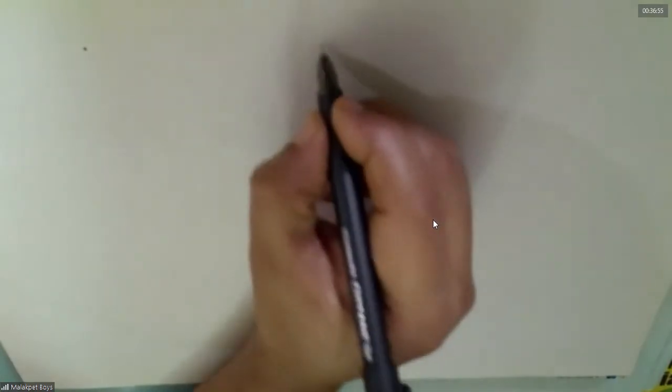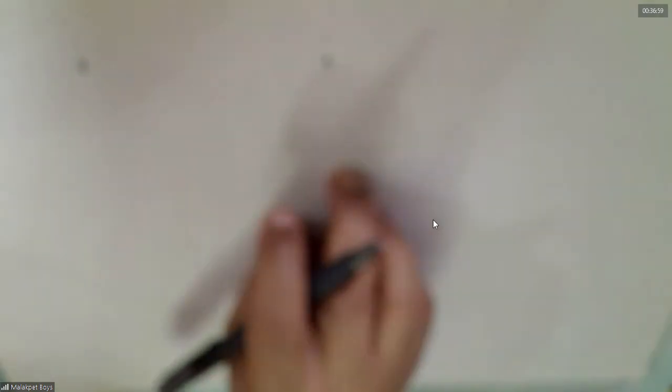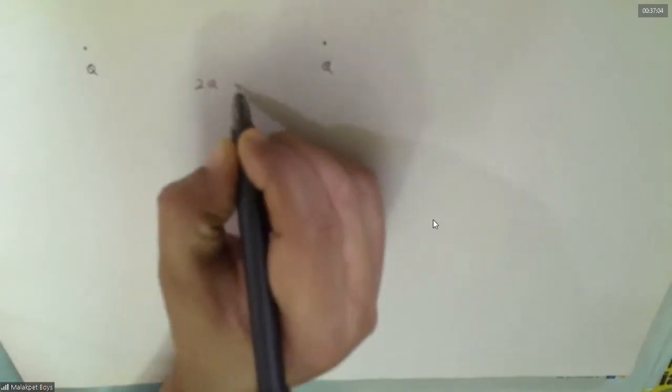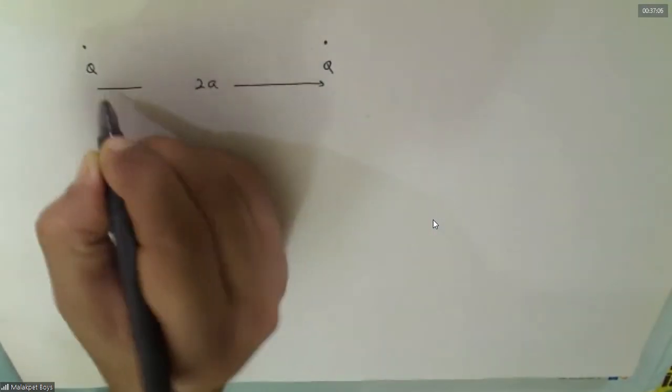Sometimes they ask for the frequency of simple harmonic motion. So these are two charges, at a distance of 2a. These are fixed.